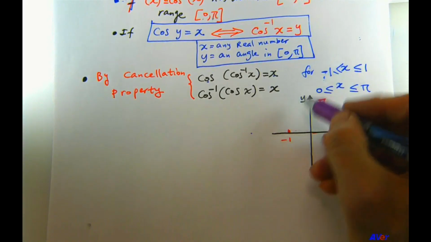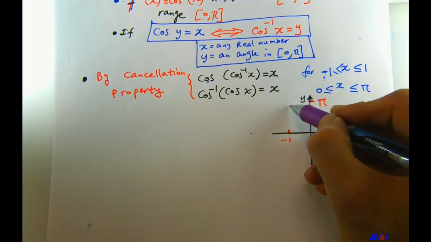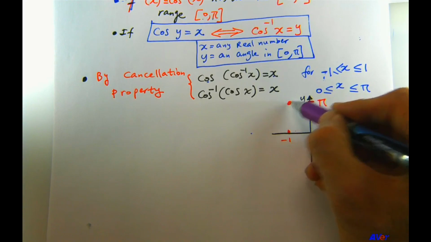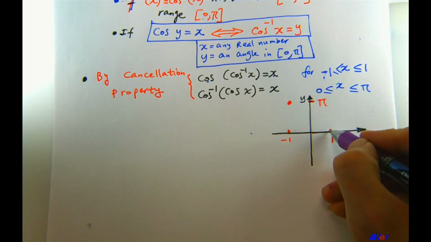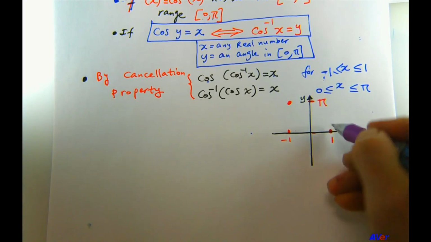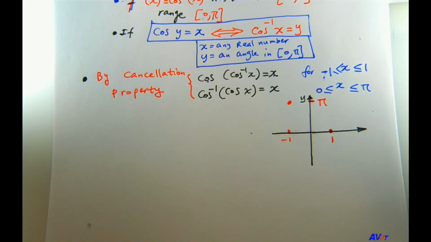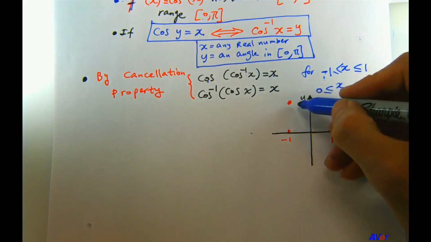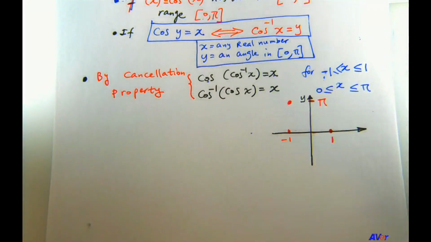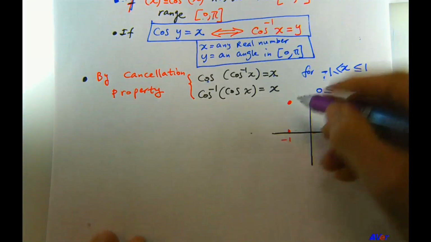Okay, and then we have this point here, and we have this point. So our graph is going to look like this. I'm going to draw it in red ink.